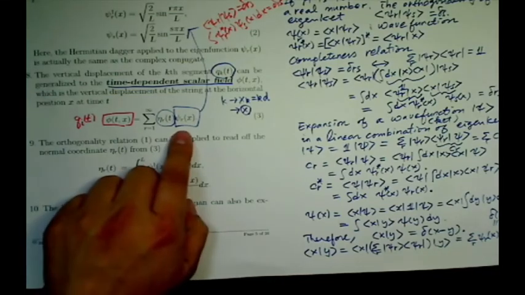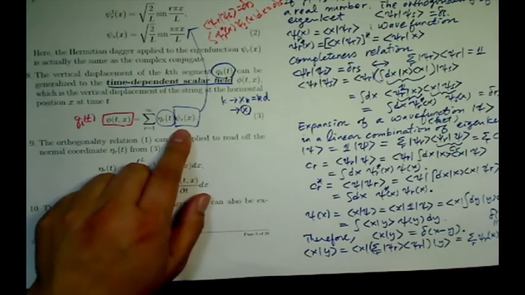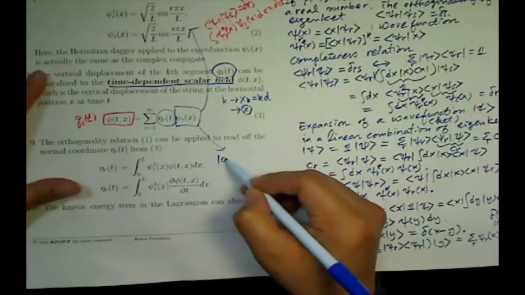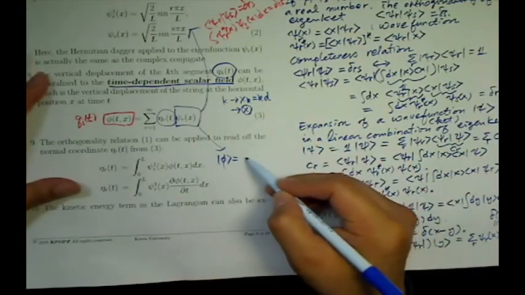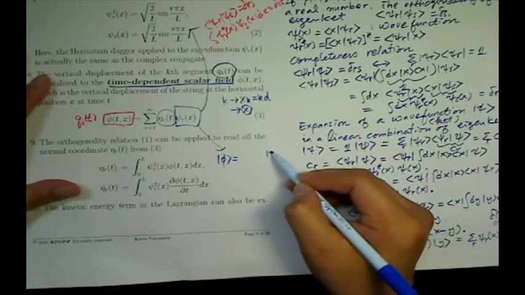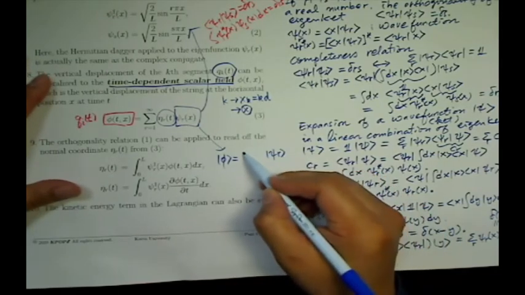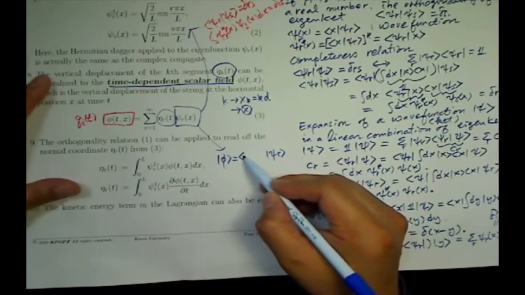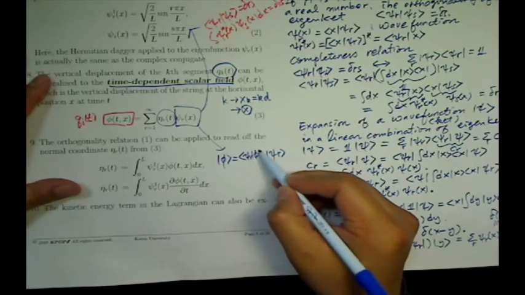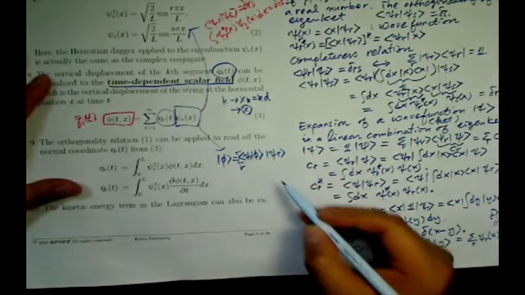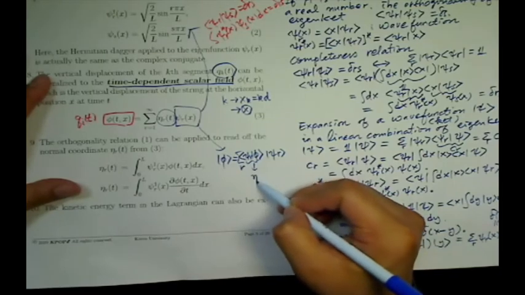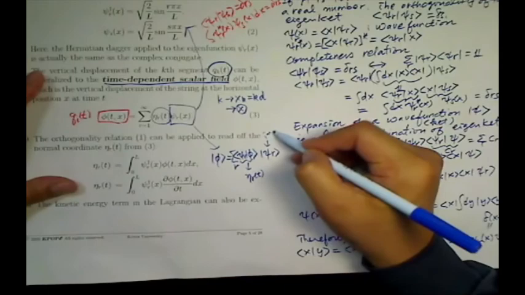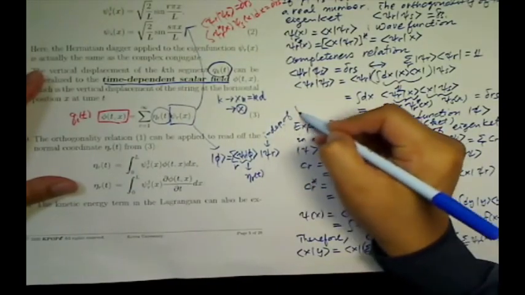If I make use of bracket notation, phi is the sum over r of psi of r times its coefficient. And this is actually the normal coordinate. This is independent of time.